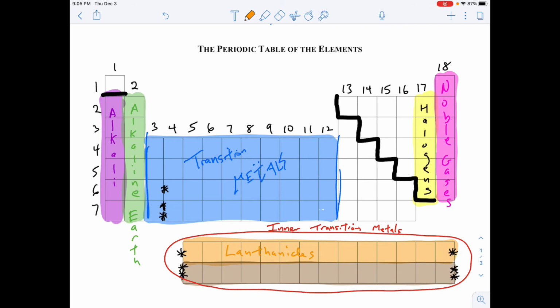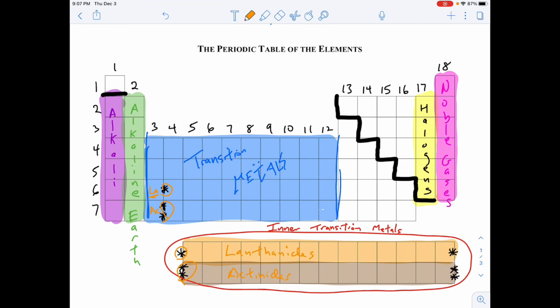We know that because if you look on the periodic table, lanthanum is right here, and that's right before the start of the lanthanides. And then actinium, which is here, is right before the actinides. That will let you know that the actinides are starting because of that connection.